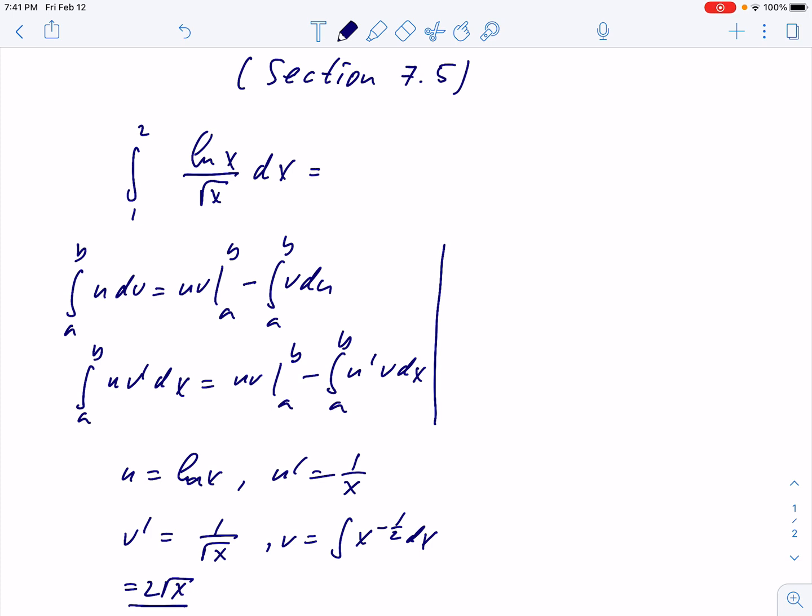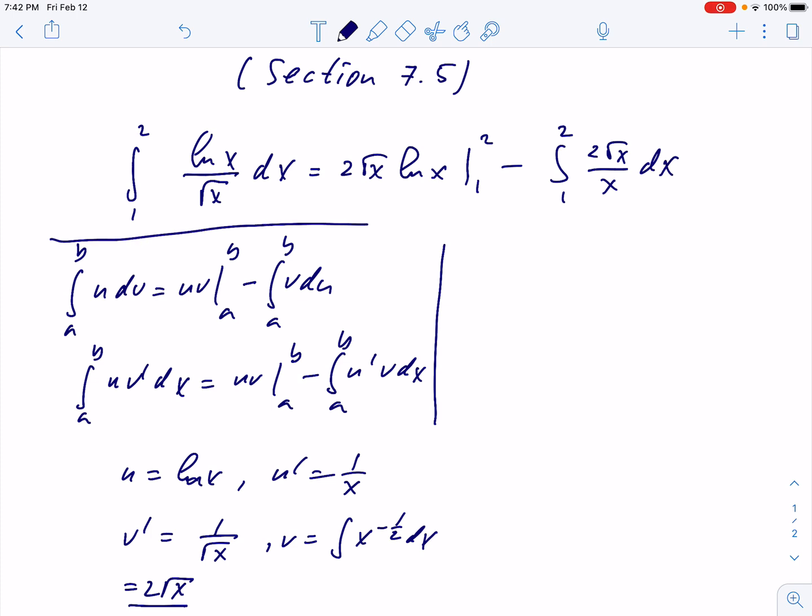So first we go uv, the product. I shall write this first. This is v, and here logarithm x, that's u, from 1 to 2, minus integral 1 to 2. Now look, I have to multiply u prime v. So let's do it: 2 root of x over x dx.